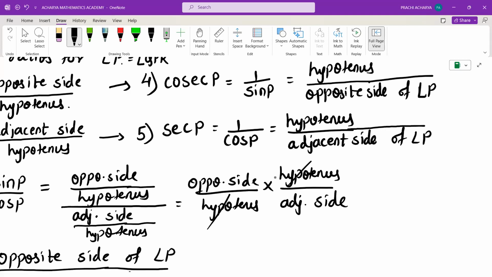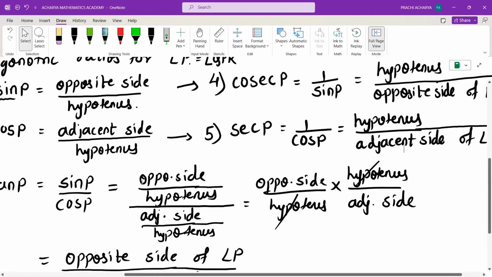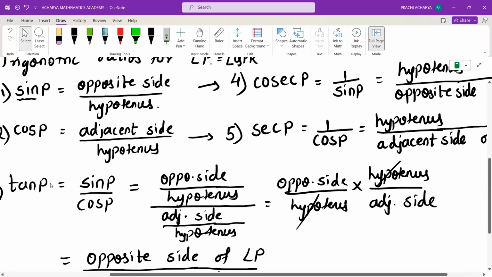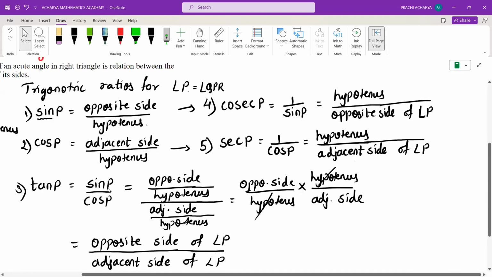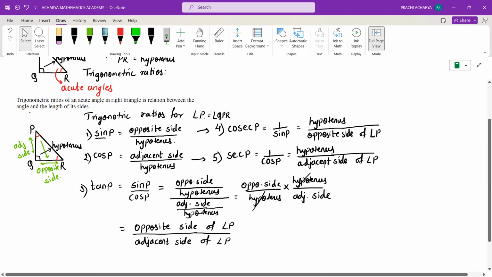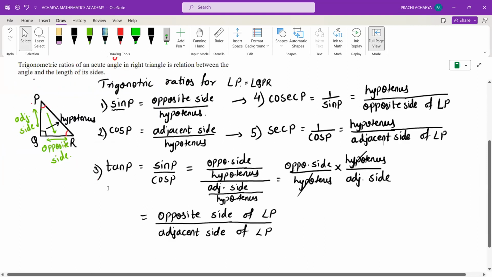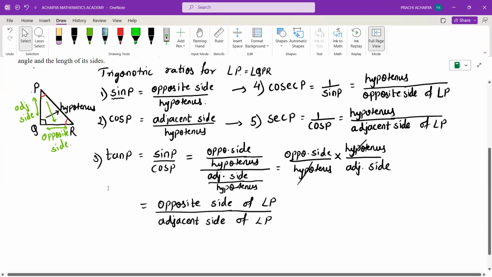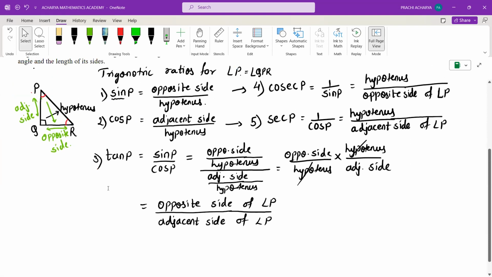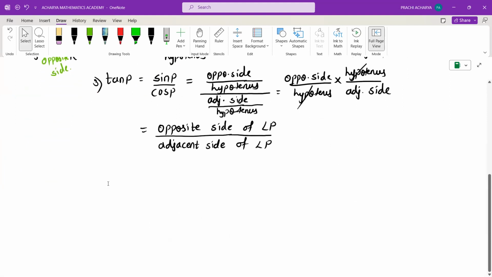Now the last one is, let me show you the full scenario. You can zoom out, zoom in from your side as well. Okay. And the last one is cot theta. The sixth one we'll see now. You can take a screenshot or you can write it down by pausing the video.